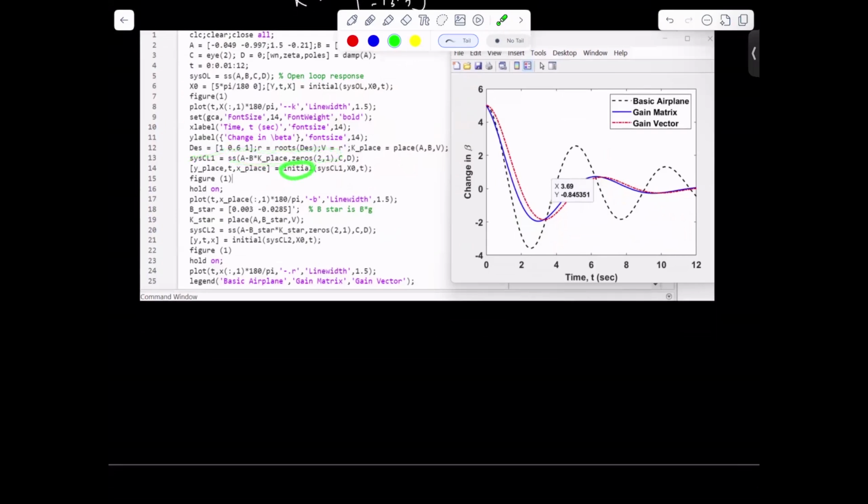You have the initial command to find the solution of the closed loop system equation, and this is how to plot the states. So you can try in MATLAB and you can get a result.